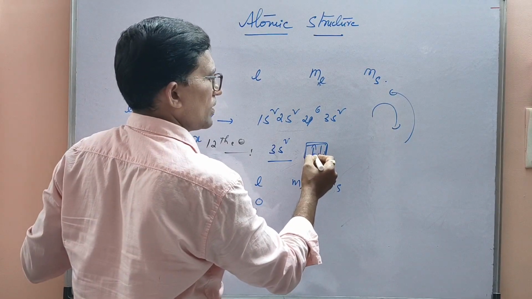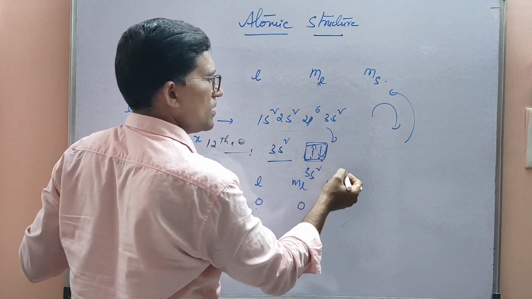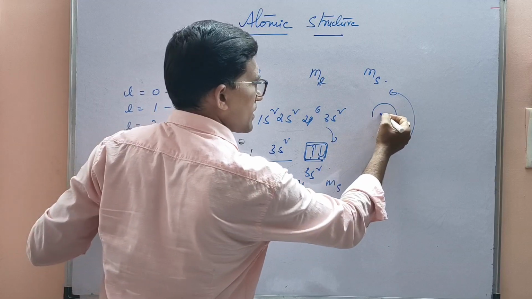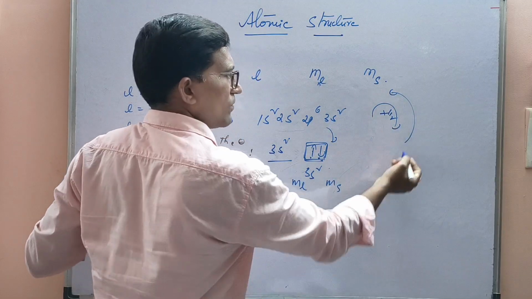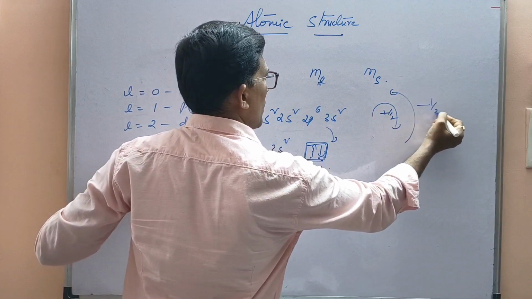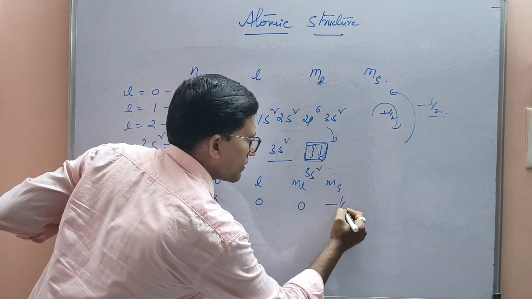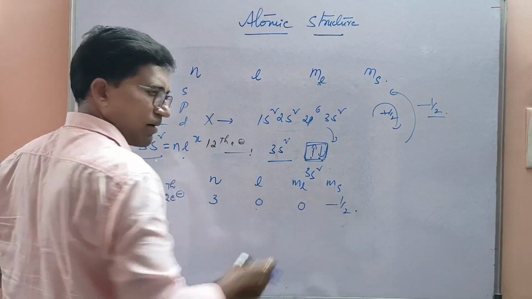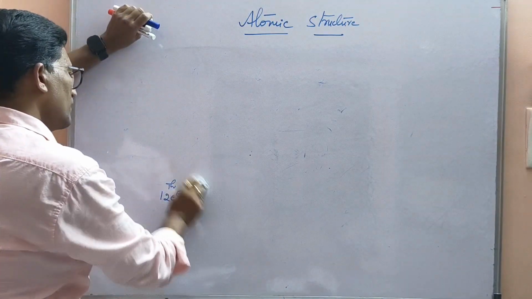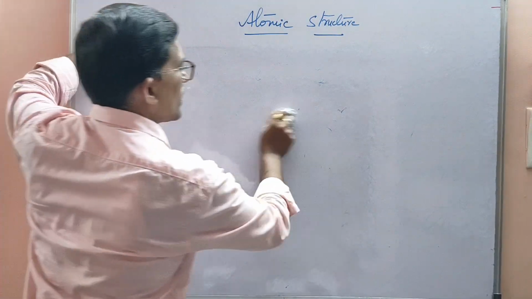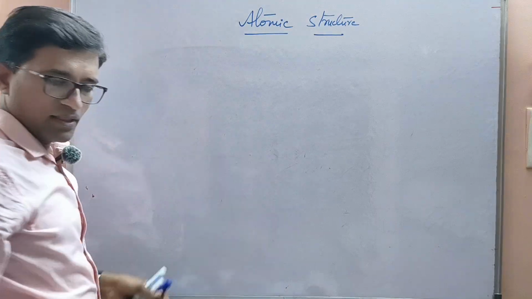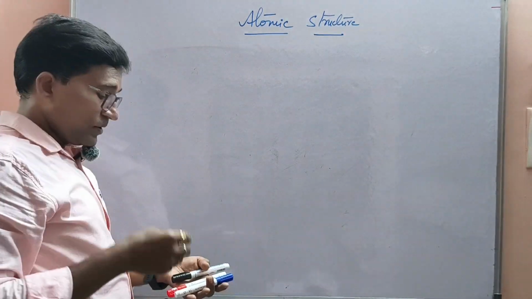If the first electron is spinning clockwise, the value is plus half. The electron spinning anti-clockwise has the value minus half. For the 12th electron, the spin quantum number value is minus half. So we got the quantum number values for the 12th electron of the given element.